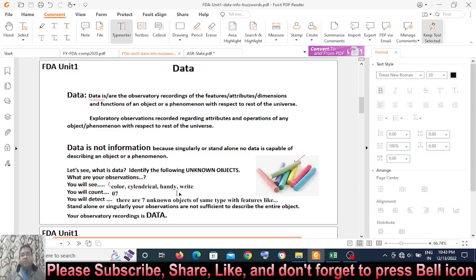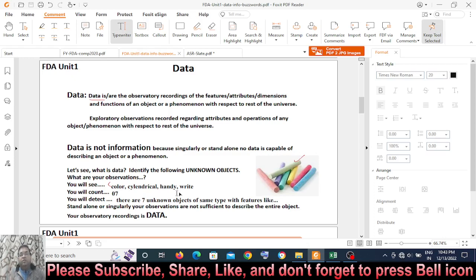That is what we call writing. Your friend will ask, what object? Because color, cylindrical, handy, these are the attributes or dimensions or features, and then there is a function. So you will say it is an object.